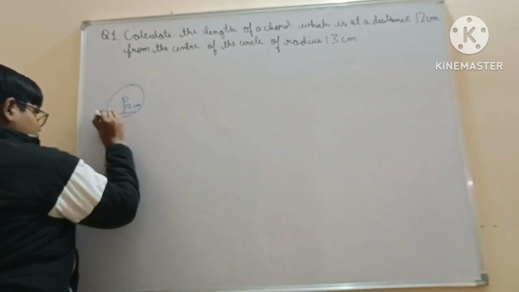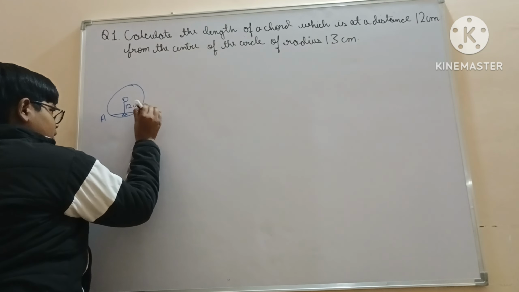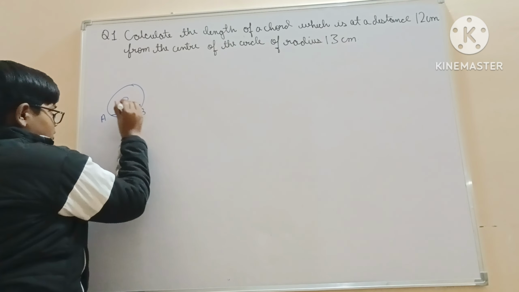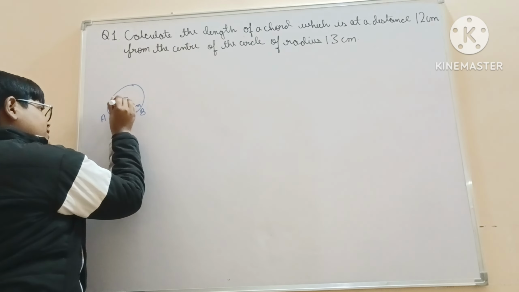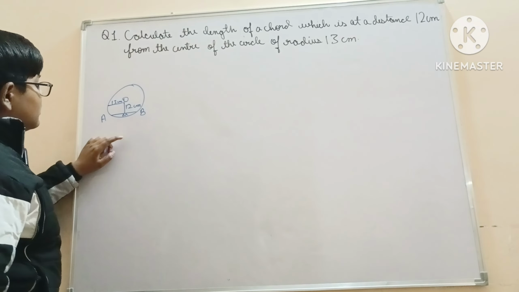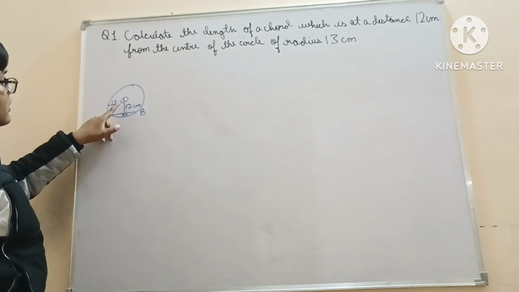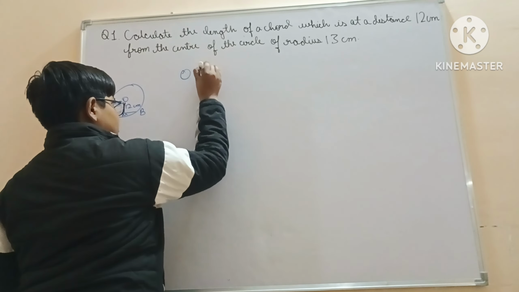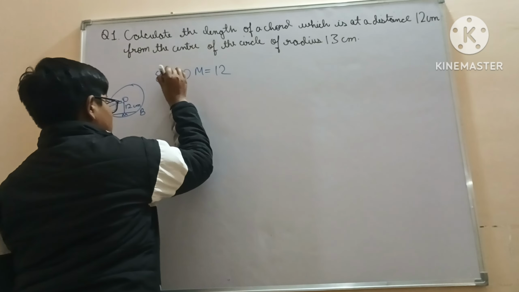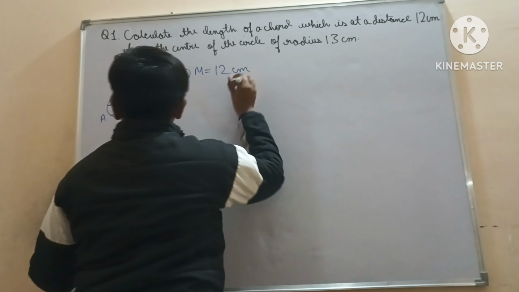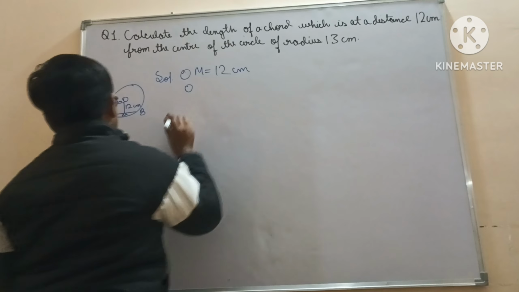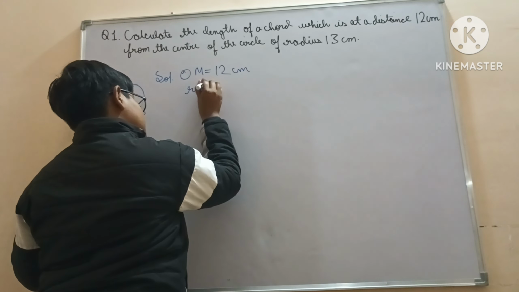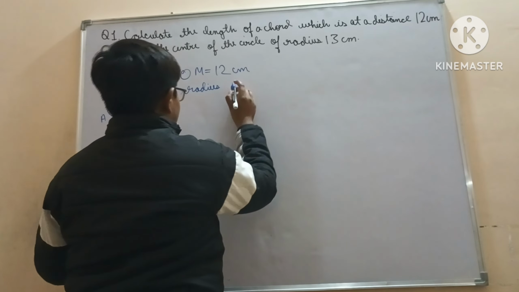This is O, this is A, this will be M, this will be B, and it is said that the radius is 13 cm and the distance of the chord from the center is 12 cm. So OM is equal to 12 cm, and the radius is 13 cm.